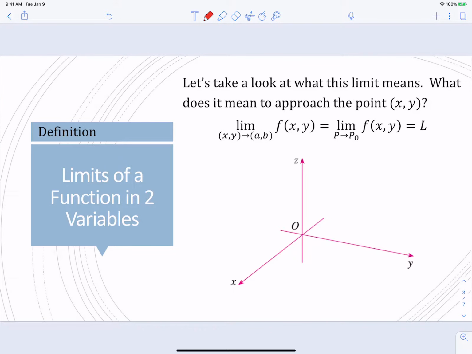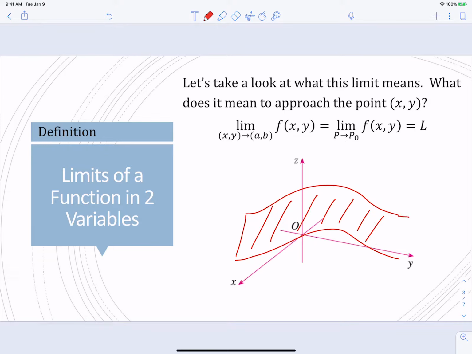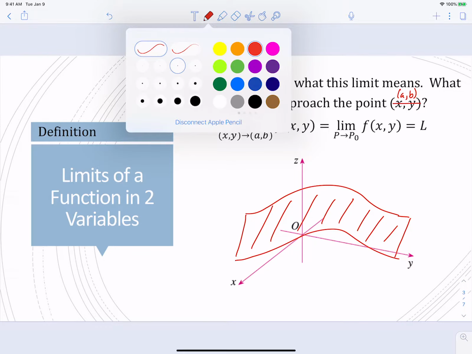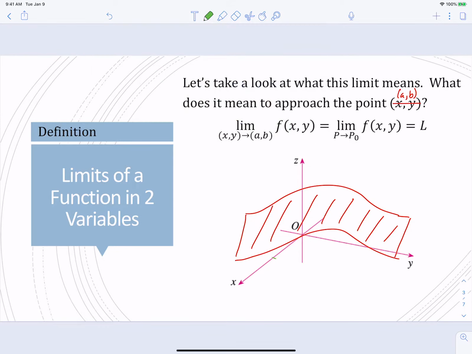So again, the thought is, what does this mean in three dimensions? If we have some sort of surface, I'll draw it here. Say this is our surface, just some random surface sitting out there, and thinking about what it means for us to approach the point, I don't want the point XY, I want the point AB. So what does it mean that we're approaching AB?